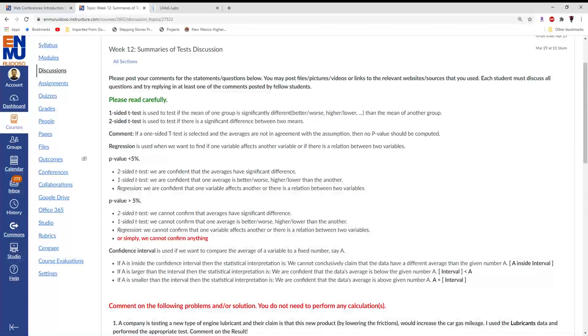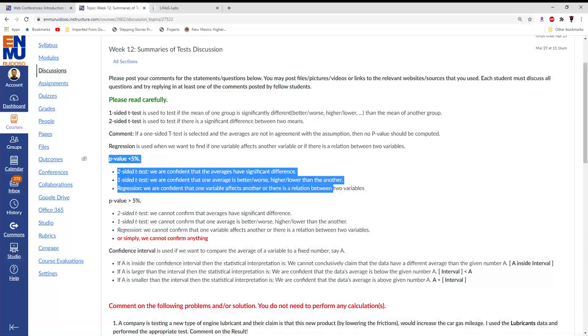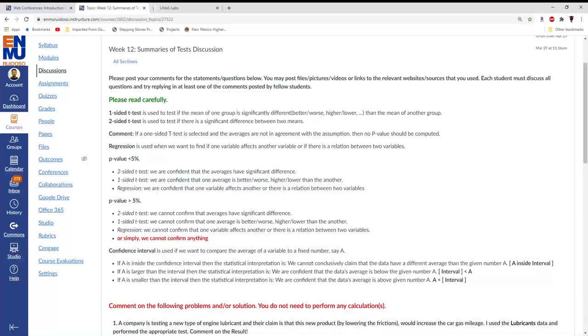And always for the p-values, what are the statistical interpretations? If the p-value is less than 5%, which is a very good p-value, then for a two-sided t-test we say that we are confident that the averages have a significant difference.